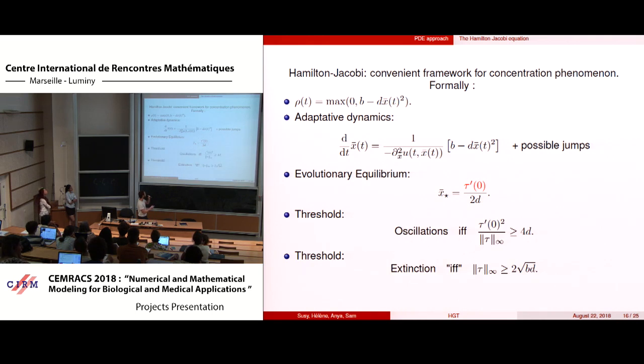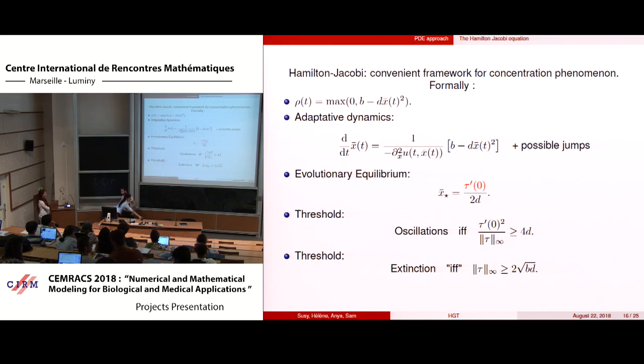And we also have thresholds for having oscillations or extinctions. So this framework is very convenient for theoretical analysis, and I will let Suzeli explain to you how it is also convenient, numerically speaking, to grasp the oscillation we want.